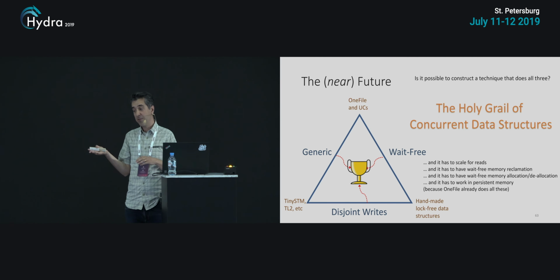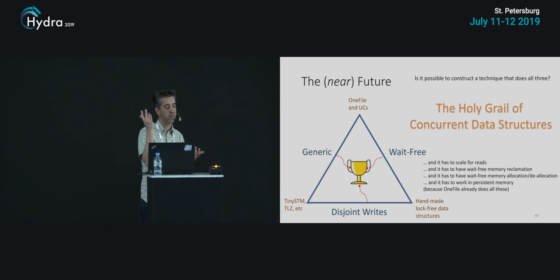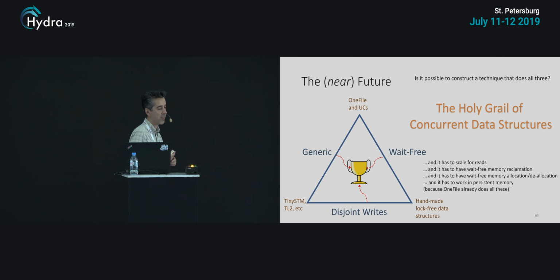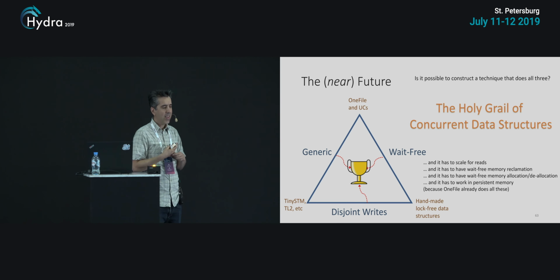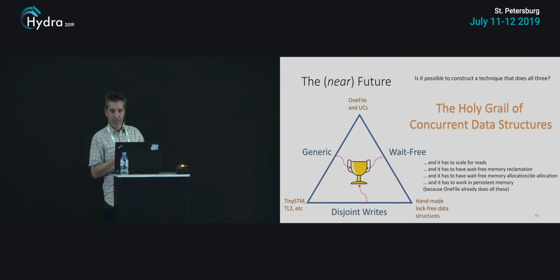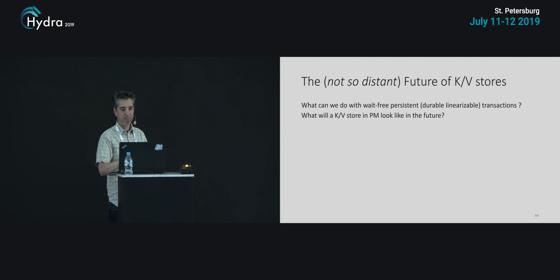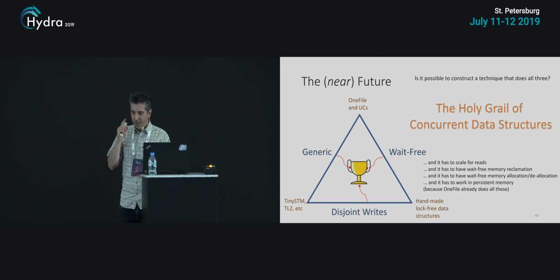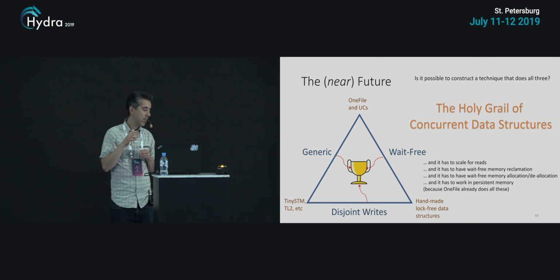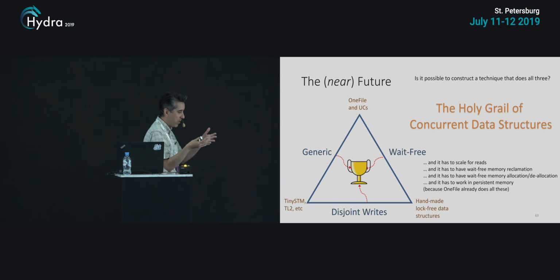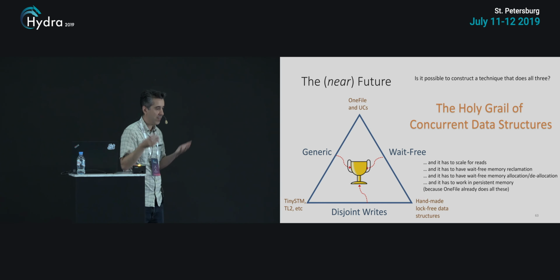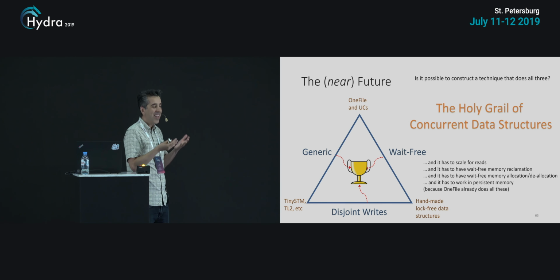And of course, it's going to have to scale for reads, and it's going to have to do wait-free memory reclamation and all this stuff, because OneFile already does it. So just copy the code and put a different algorithm on top of it. Now, I still have a few minutes. There's one thing I want to talk about as well: this thing that will be made, hopefully soon by someone, doesn't really have to be as good as what already exists today.